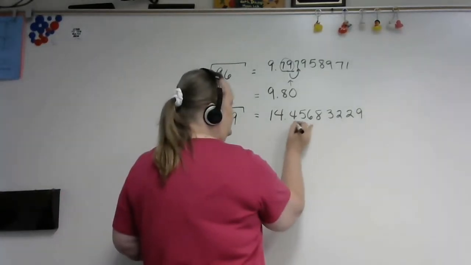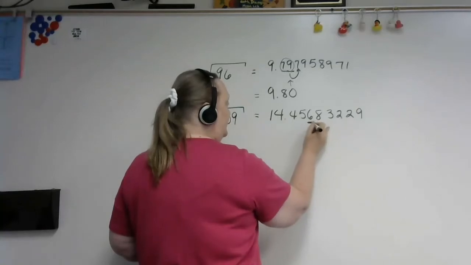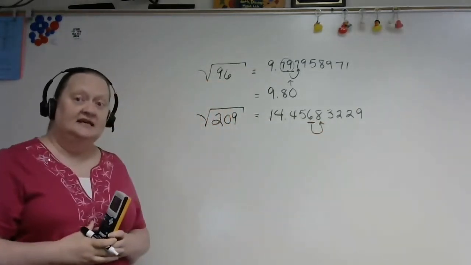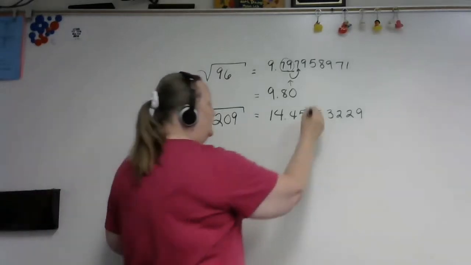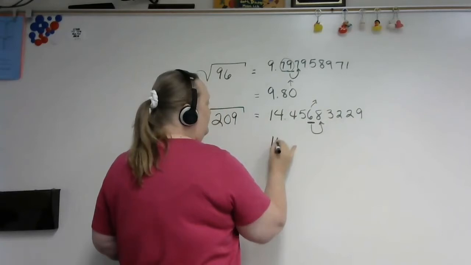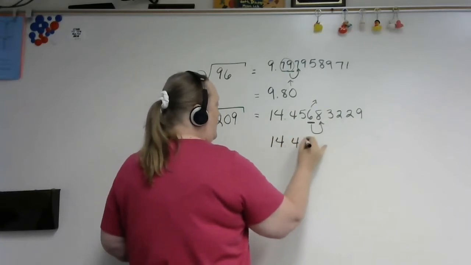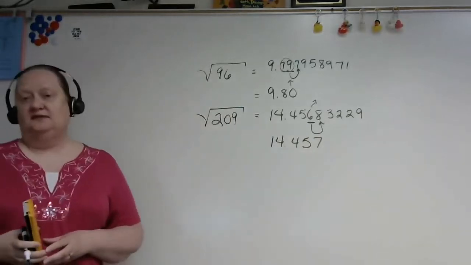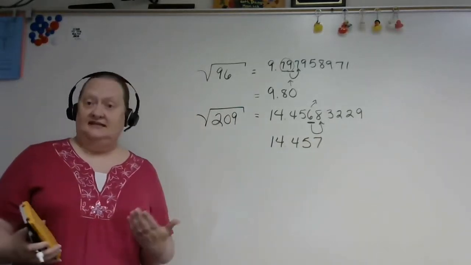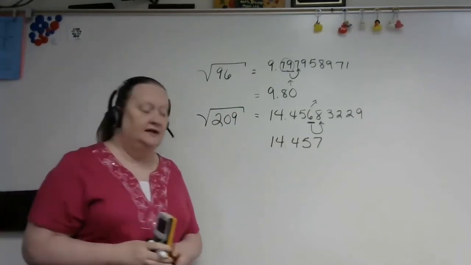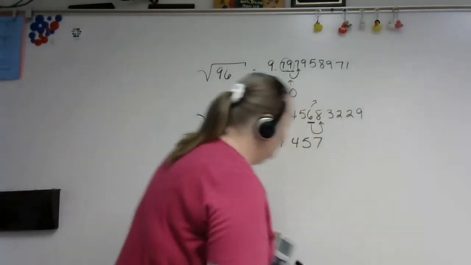Looking to the next number, that is an 8, which means the 6 will round up. So that would be 14.457. And why did I do it to a different decimal place? Because every problem will tell you what you round to. So read carefully as you look at the directions.